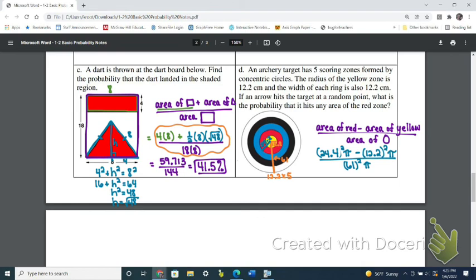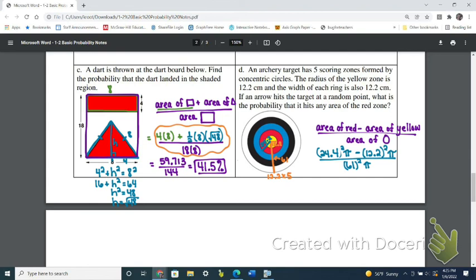Notice all of these have a pi in them. So when I multiply, I'm not going to multiply by pi. I'm going to leave it as a variable. So I'm going to do 24.4 squared minus 12.2 squared. And then I'm going to do 61 squared.